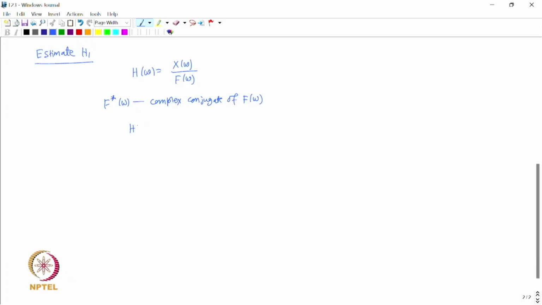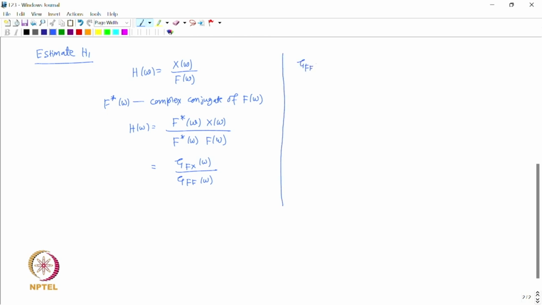So by multiplying and dividing by F star omega, we basically get F star omega X of omega divided by F star omega F of omega. And now we represent this numerator by GFX omega and denominator by GFF omega. Now what are GFX and GFF?